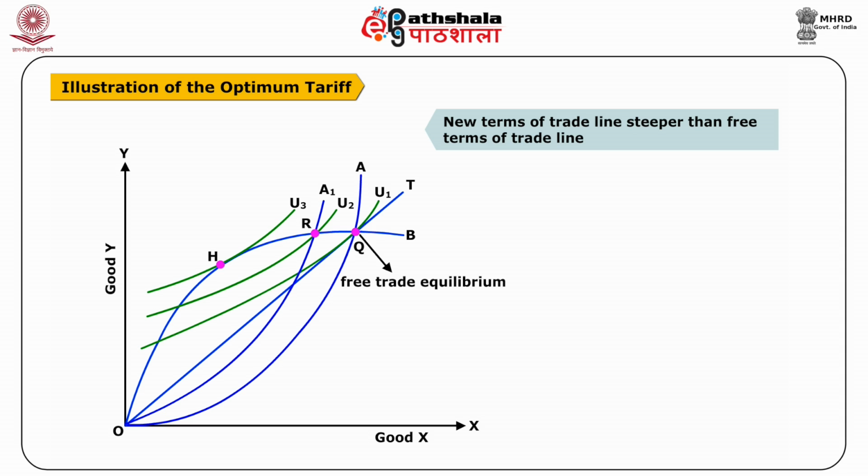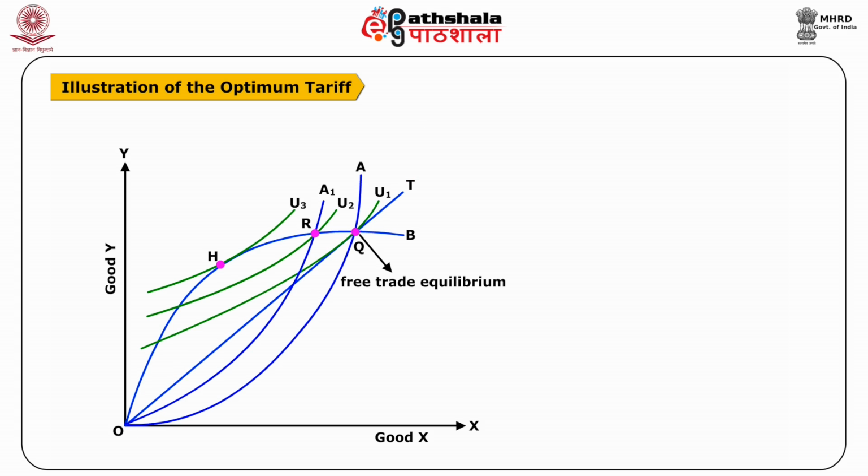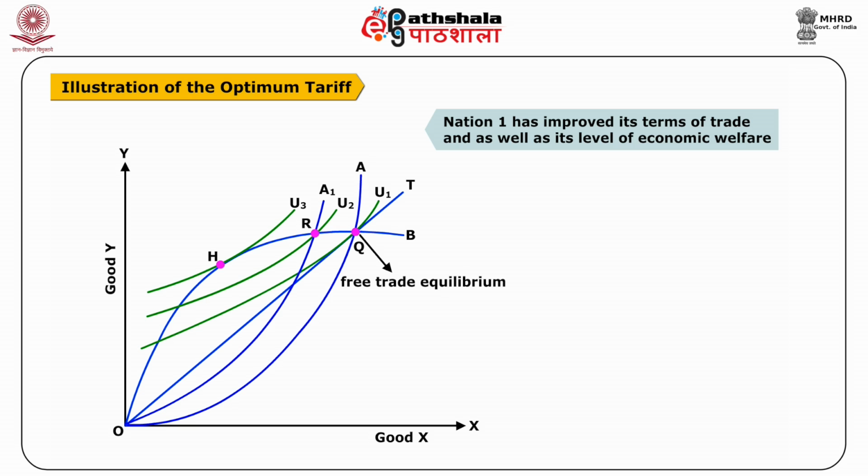This line will be steeper than the free terms of trade line OT. At point R, the nation has moved to the higher indifference curve U2, whereas point Q lies on the lower indifference curve U1. This implies that in moving from Q to R through the action of tariffs, Nation 1 has improved its terms of trade as well as its level of economic welfare.